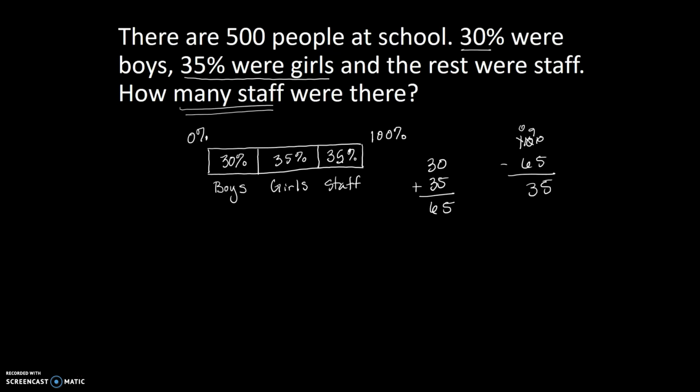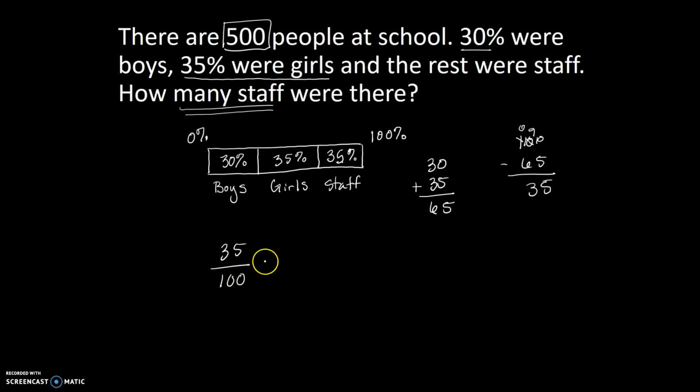All right, so now we know that 35% of 500 people are staff. So let's find out how many that was. So I'm going to set this up like a fraction. Remember, I have 35 per, that's my fraction bar, that means per, percent, which means 100.